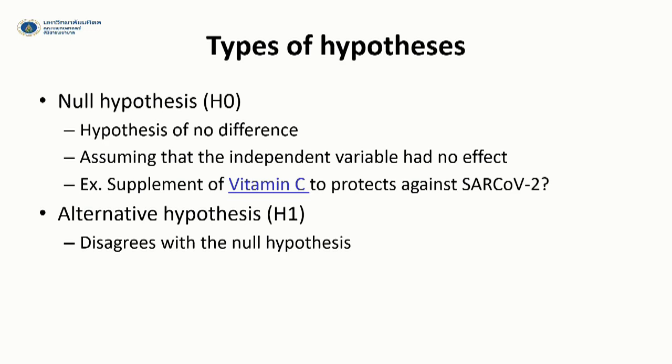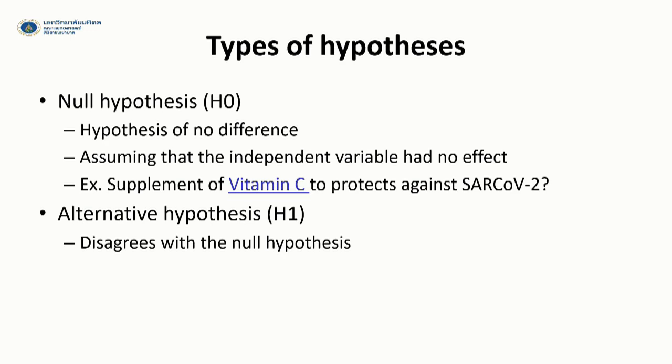H1 means something that you want to study, and the null hypothesis is something that you make at the beginning. Usually the null hypothesis, you will name it like no difference. And the alternative, you want to study something new.